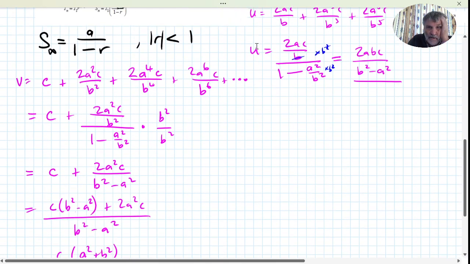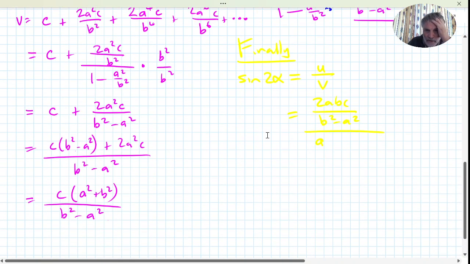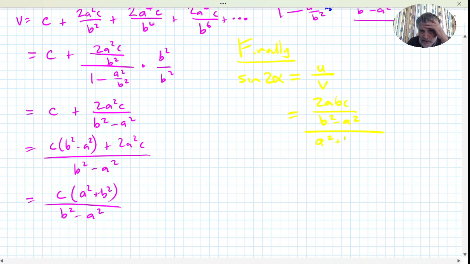The sine of 2 alpha equals u over v, which is equal to 2abc over b squared minus a squared divided by a squared plus b squared times c over b squared minus a squared.